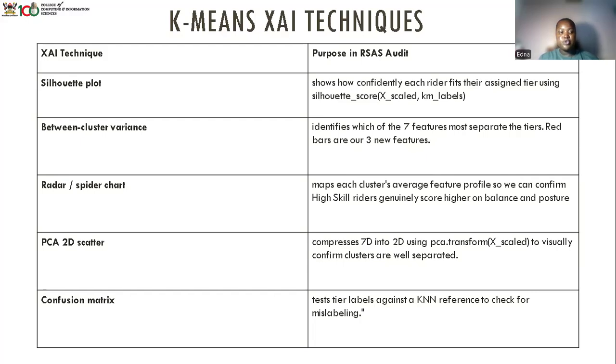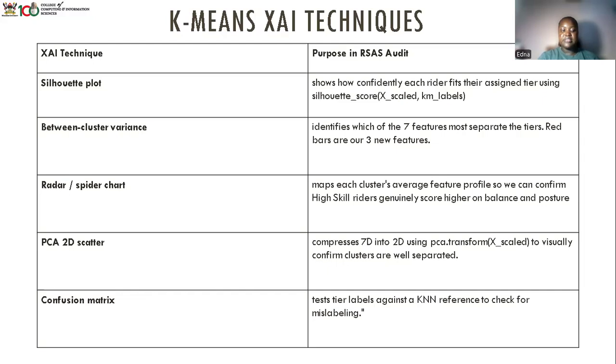Then we have the between-cluster variance, which identifies which of the 7 features most separate the tiers, whereby our red bars are our 3 new features. The radar or spider chart maps each cluster's average feature profile so that you can confirm high skill riders are genuinely scoring higher on balance and posture.